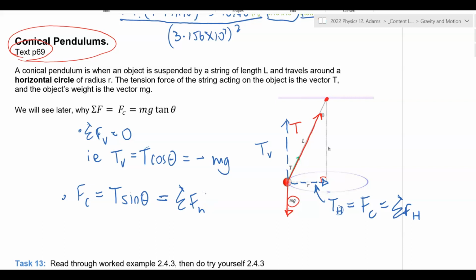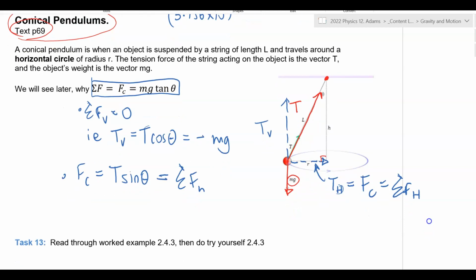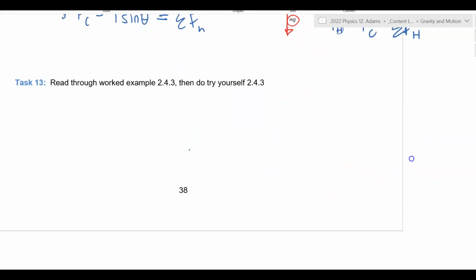Okay, and when we look at our net force, it doesn't take too much to see that in terms of the weight, your net force is mg tan theta. I'm not going to do it here. Have a pause, have a look at it if you wish.